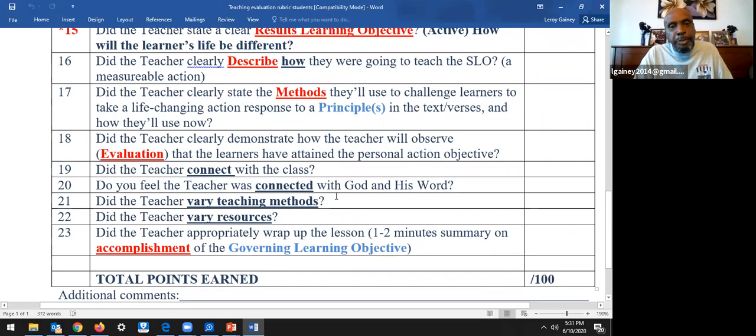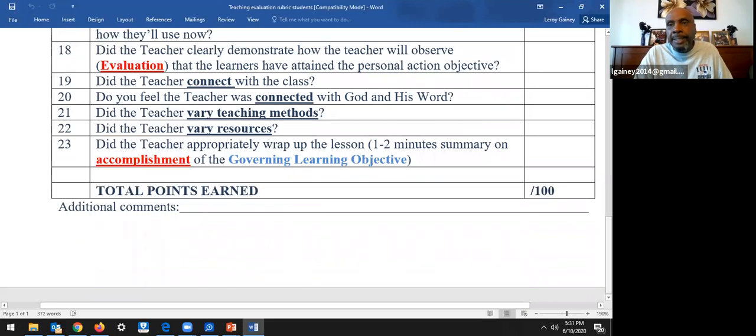Did you feel the teacher was connected with God and his word? This is really going back to relationship. Did the teacher vary the teaching methods? Did the teacher vary the resources? Did the teacher appropriately wrap up the lesson? And then the total points that you can earn here is 100 points.